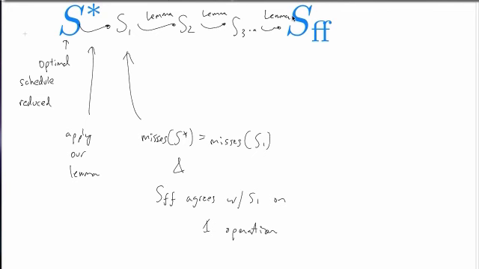So we apply it once, starting with 0, we get a schedule that agrees with our solution on the first spot. We apply it again, we get something which agrees on the second spot. We apply it n times, and all of a sudden we've turned any optimal solution to this problem into the one that we found. And moreover, throughout this exchange, the number of misses never went up.